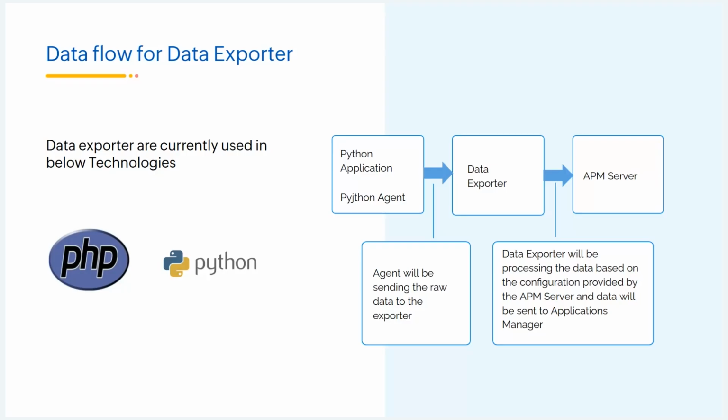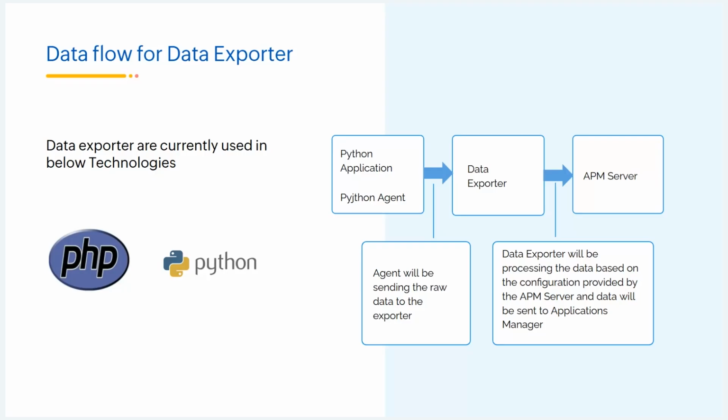This data is collected by the respective agent, that is the Python and the PHP agent, which are running within these applications. The data exporter will process the collected data to aggregate, filter, and format it properly for transmission. This step involves organizing the data in a way that is compatible with the Applications Manager server's requirements.